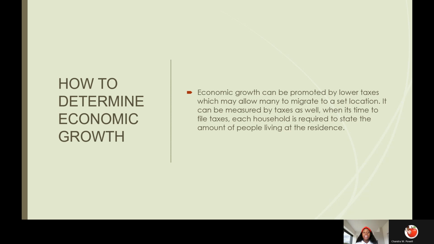And how to determine economic growth. This can be done with taxes. This is how you can increase and keep control of how many people are in a population. For example, if Miami's taxes are lower than Broward County's taxes, then Miami would most likely have more people there than Broward County. People like to pay as little as possible.